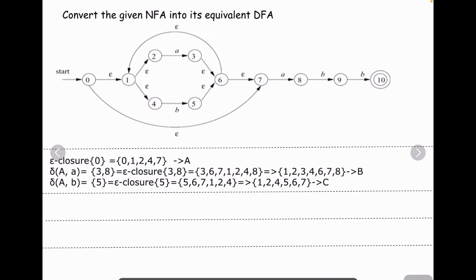Similarly for delta of A comma b, where do you have the transition on b? There is only one transition, 4 to 5, so that is only 5. What is the e-closure of 5? You can reach 6 and 7 without taking an input, and from 1 you can reach 2 and then 4.